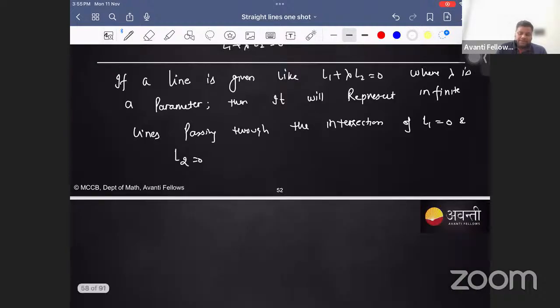Got it? Passing through the intersection of L1 equals to 0 and L2 equal to 0.